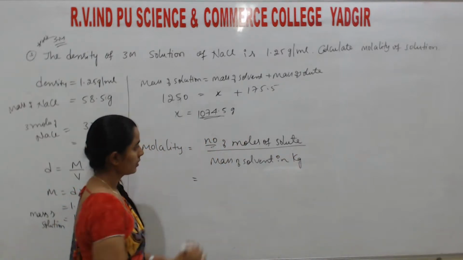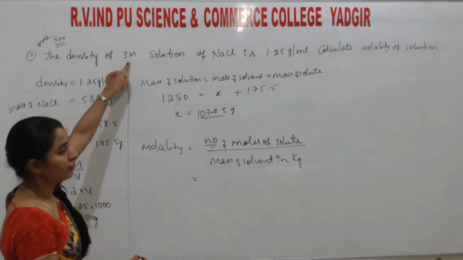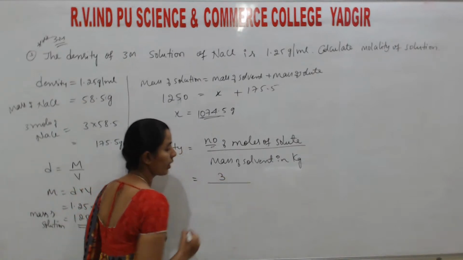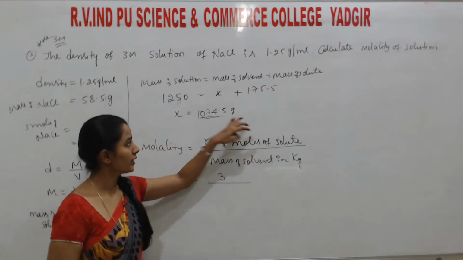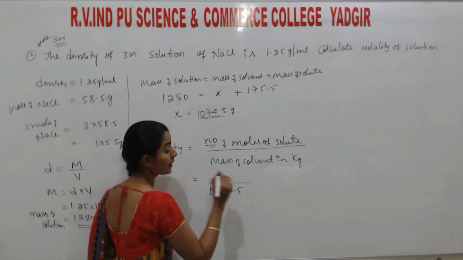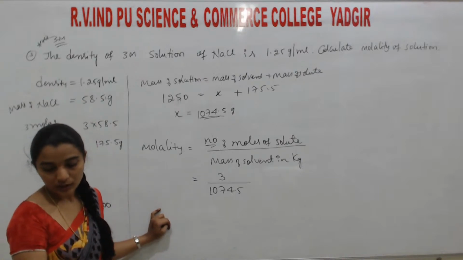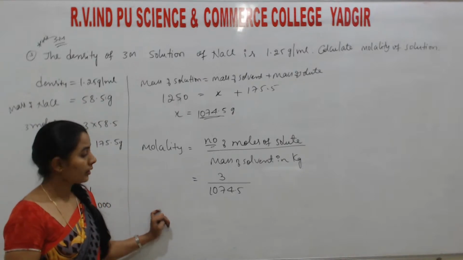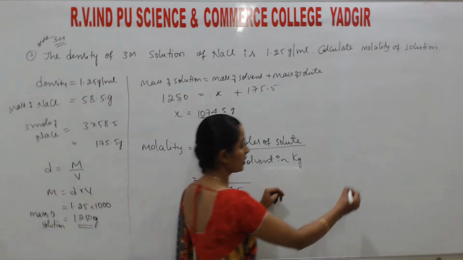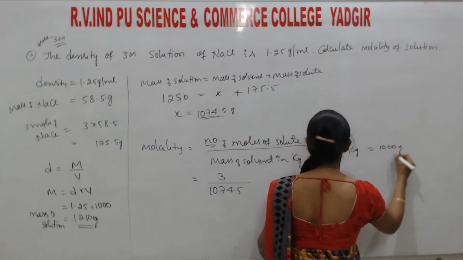So students, here number of moles of solute is, how many moles they given? 3 molar. That means 3 moles. 3 divided by mass of solvent in kg, we got 1074.5 gram it is. So if you want to convert it into kg, that is multiplied by 10 to the power of minus 3. Because 1 kg is equal to 1000 gram.